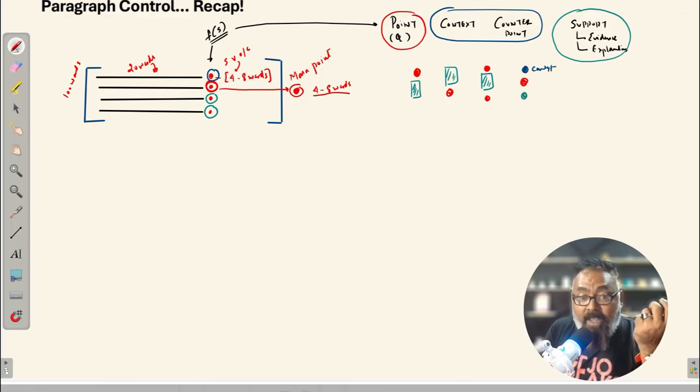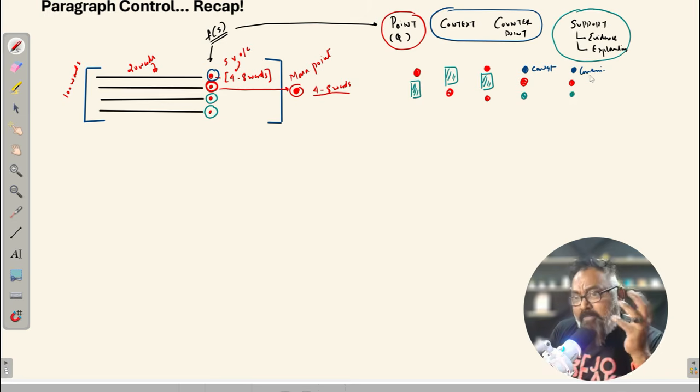Or you could have the cases where there is a counter view, and there is the point that is made, which is probably attacking the counter view, and support to that. This counter view may also have a different kind of structure, wherein, imagine there is a counter view and something is given to support that counter view.